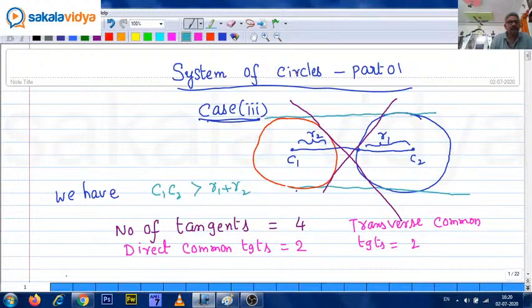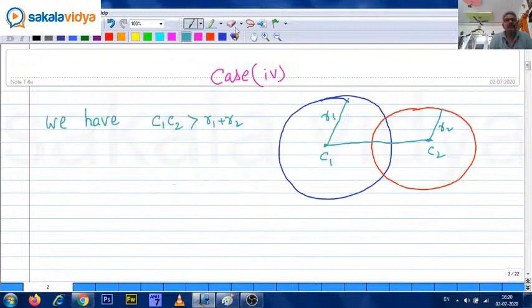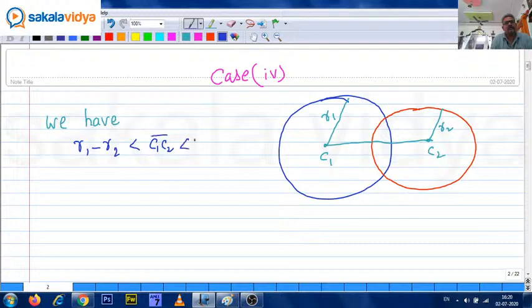Okay, next now for this one, R1 minus R2 is less than C1 C2 less than R1 plus R2.